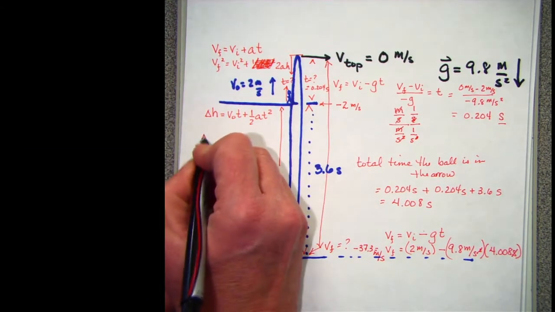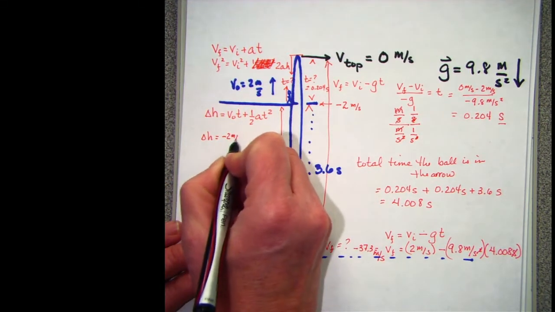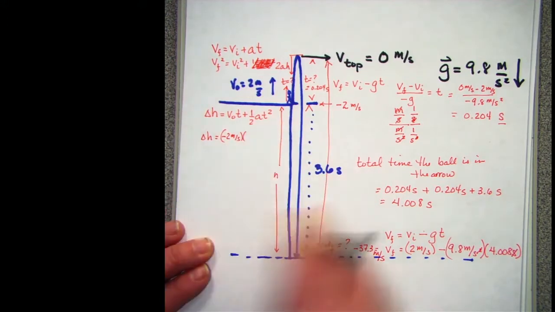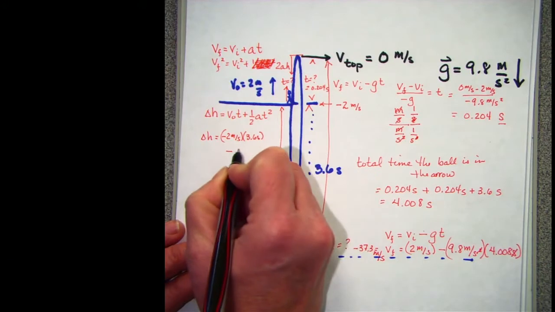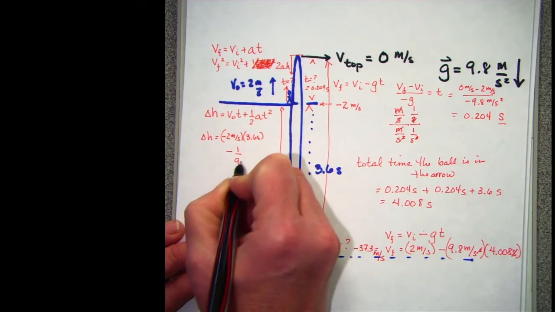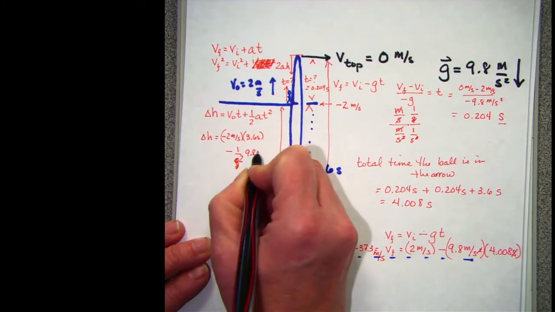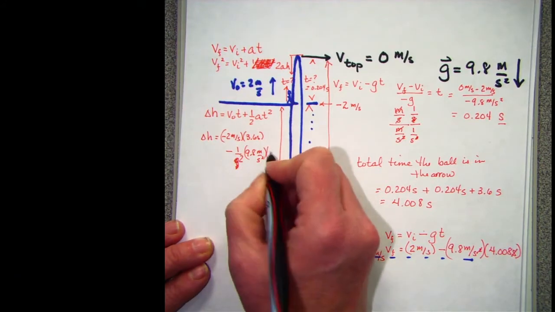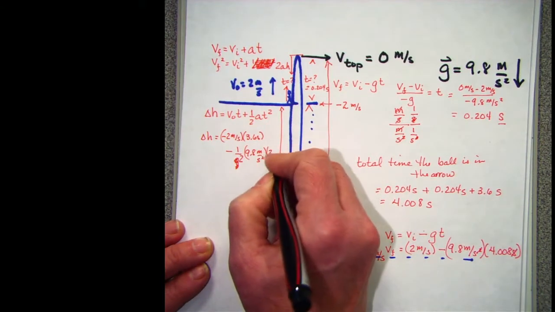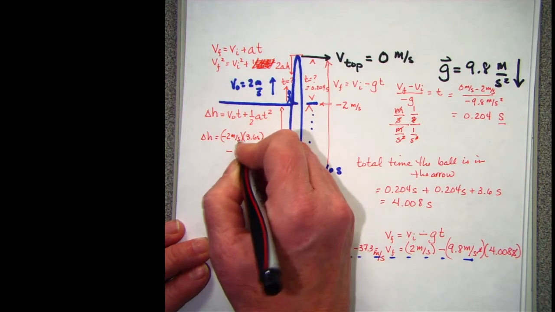So now I can do my change in height of the building is going to be my negative 2 meters per second times the time that I'm falling, 3.6 seconds, minus 1/2 times 9.81 meters per second squared times time squared, 3.6 seconds squared. Seconds squared are going to cancel.